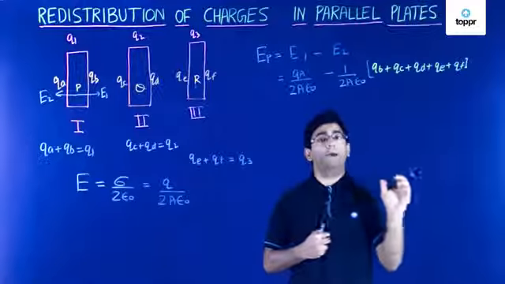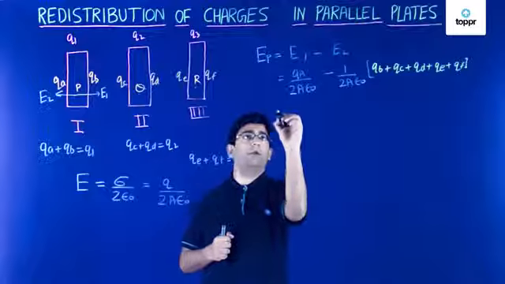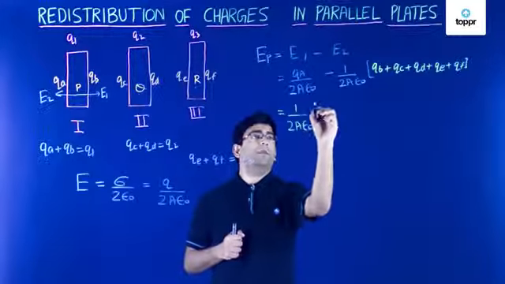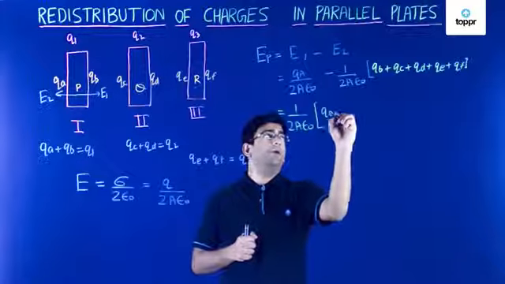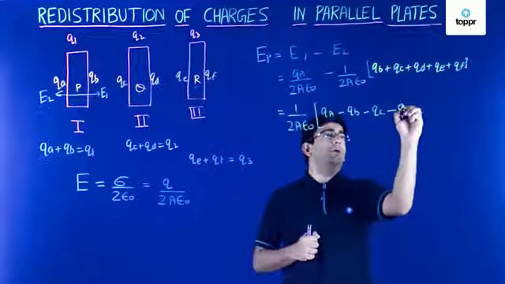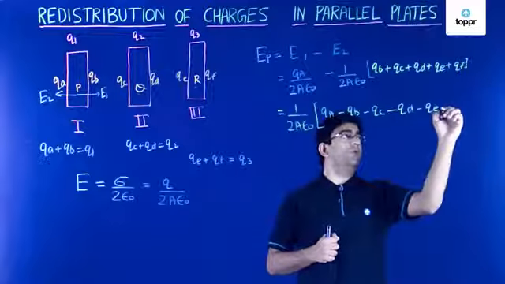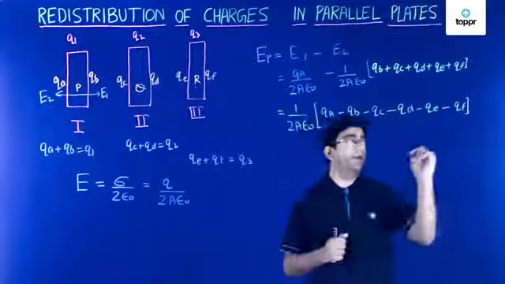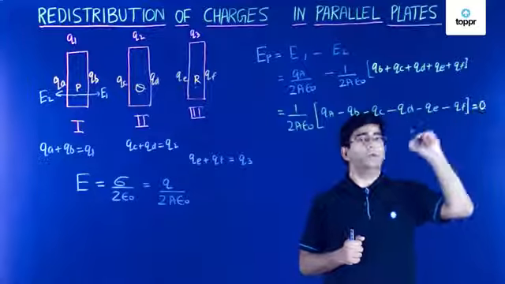So eventually if I take 1 by 2a epsilon naught common across all the terms, we will get QA minus QB minus QC minus QD minus QE minus QF. So this entire expression for the electric field at the point P has to be equal to 0.